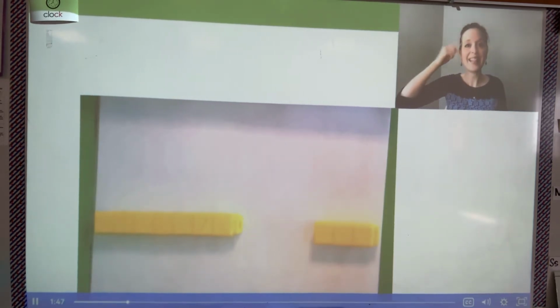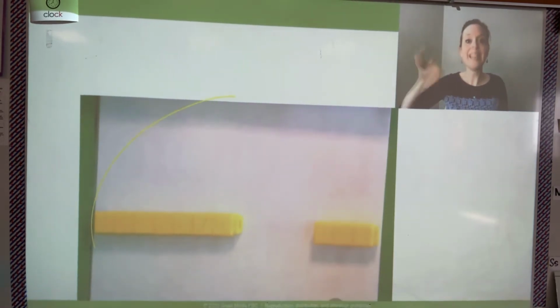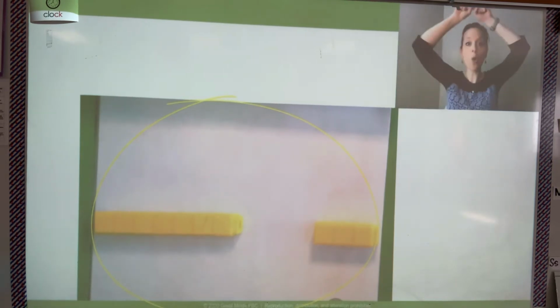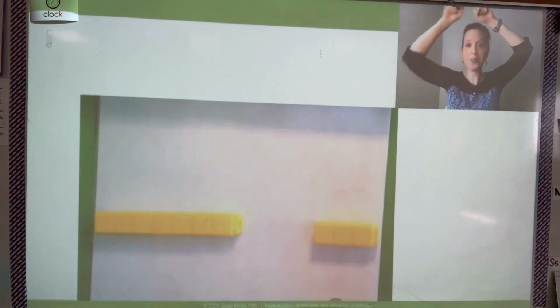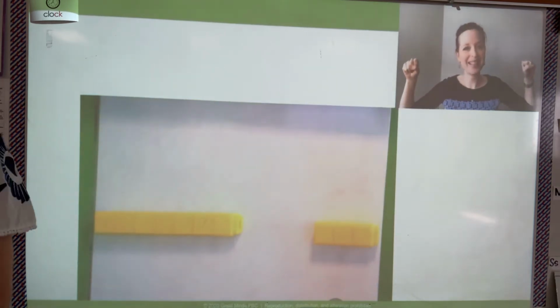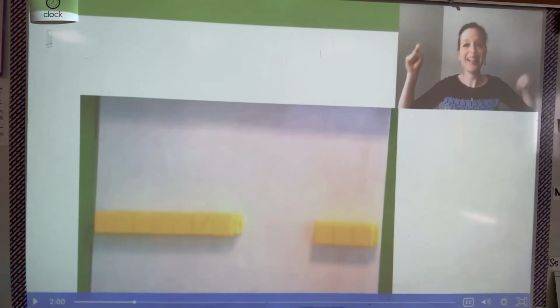Yes, 10 was our whole. It was the whole amount that we started with. What are our 2 parts? Who could raise their hand and tell me that? What are the 2 parts?